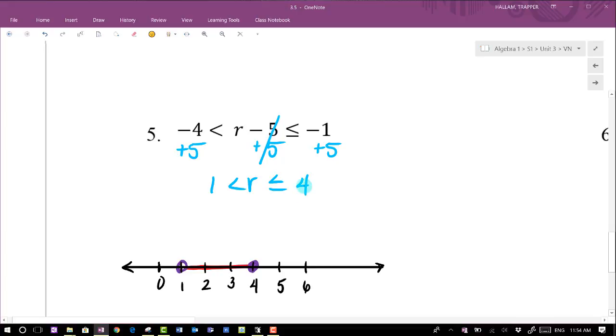If I were to graph that, I would find the boundary of 4. It would be included. That would be my upper boundary. I'm going to find the boundary at 1. It's going to be an open circle. And of course, my solutions are greater than 1, so I'm going to be graphing to the right. My solutions, if I'm reading from r, are less than 4, so I'm going to be shading between. And then there's your barbell.